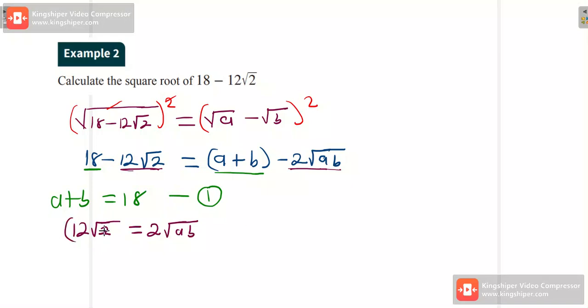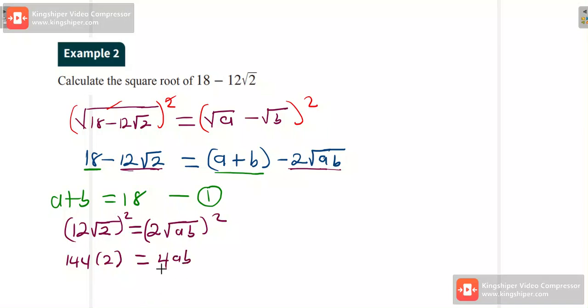When I square here and I square here, I will get 12 squared, which is 144. Then the root of 2 squared will be 2, so it will multiply it. Then that should be equal to 2 squared, which is 4. Then root of AB squared, the square will cancel it, so you'll get 4AB.